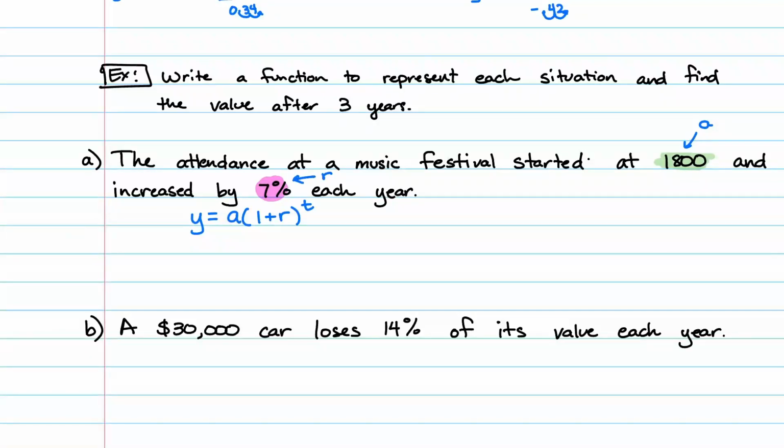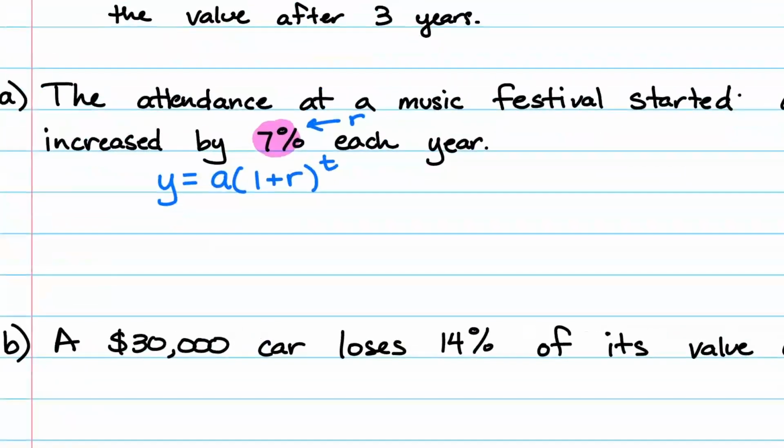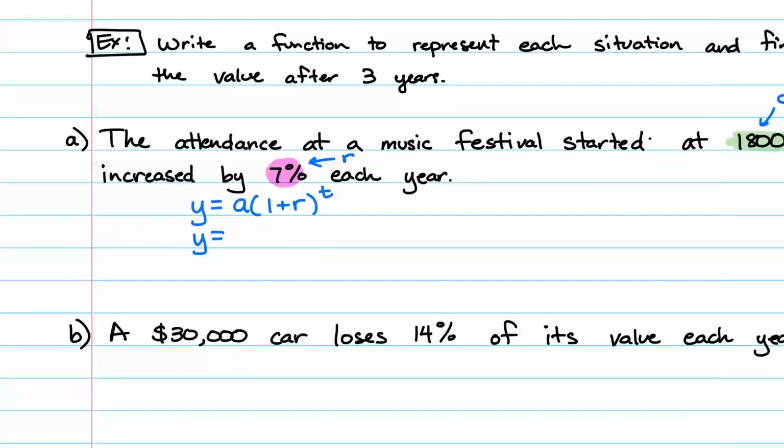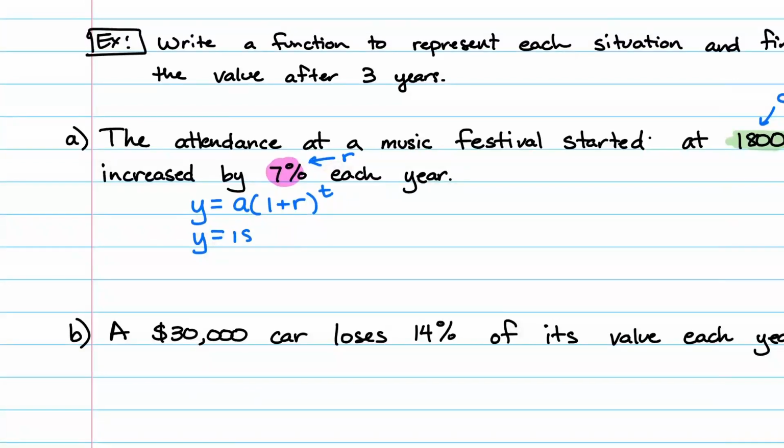So let's go ahead and start writing this down. Let's see, I have y equals, and my initial amount A was 1,800 times 1 plus, now that's 7%. I want to write that 7% right there, but your calculator will not handle 7%. So what I'm going to do is write that percentage as a decimal.